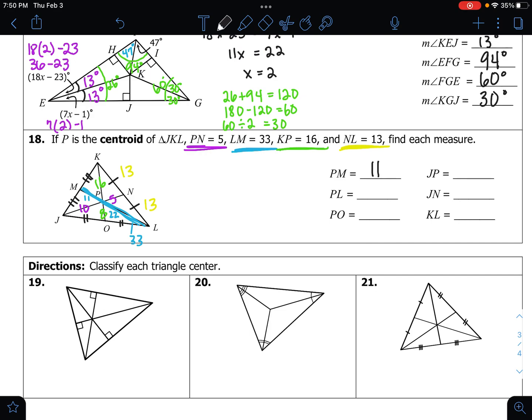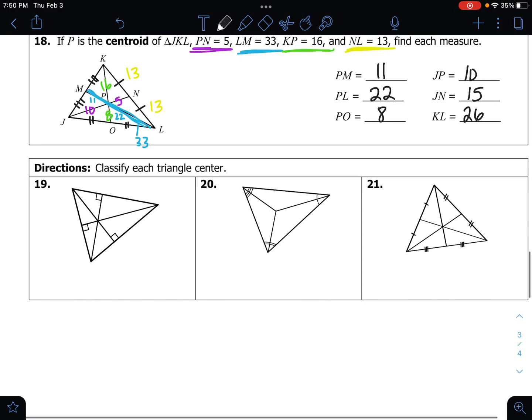Okay, so PM is 11. PL is 22. PO is 8. JP is 10. JN. Okay, that's that 10 and that 5. So that's going to be 15 altogether. KL is 13 and 13. So that's 26. All right, none of these are angles. Please don't put degrees. Some of y'all still don't know the difference.